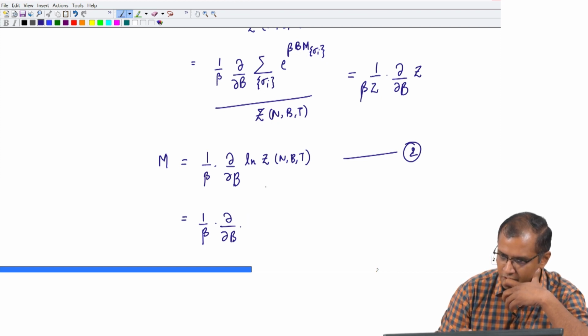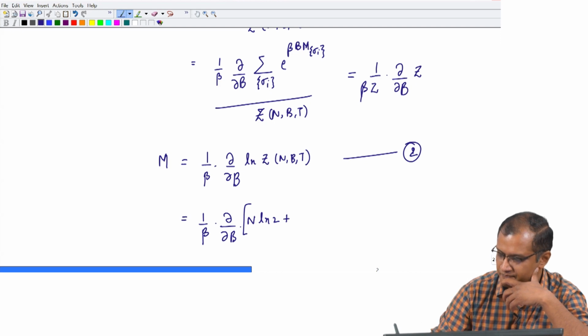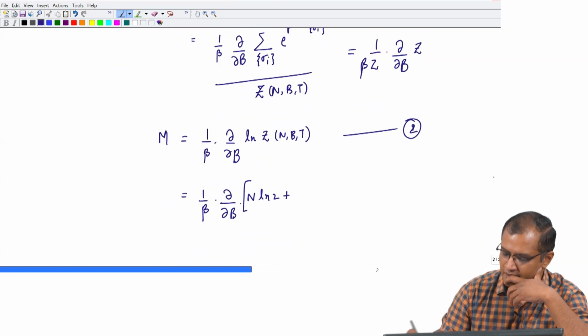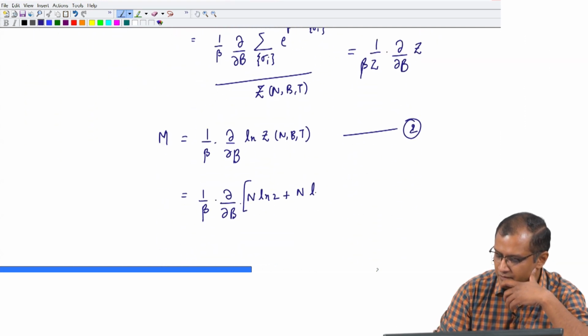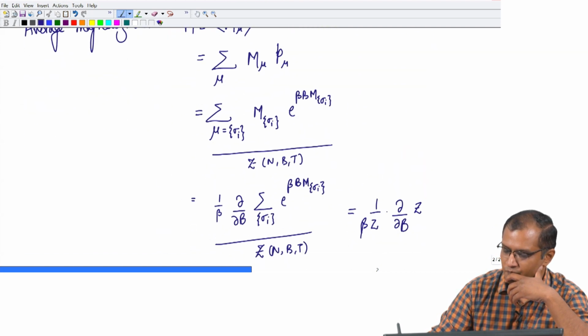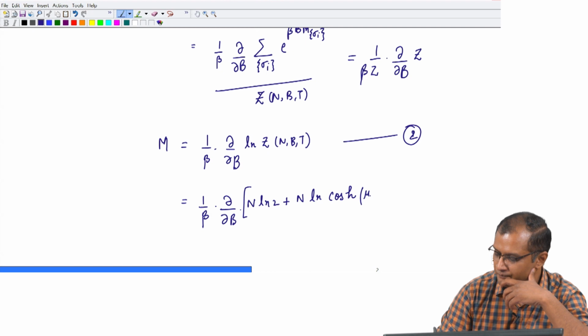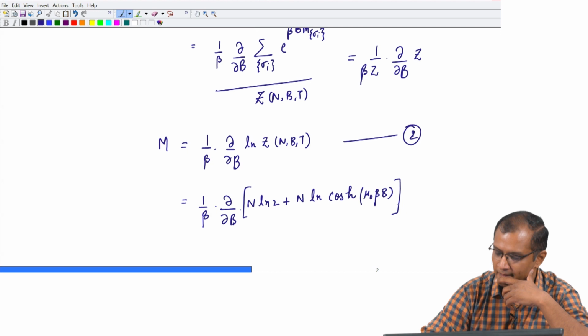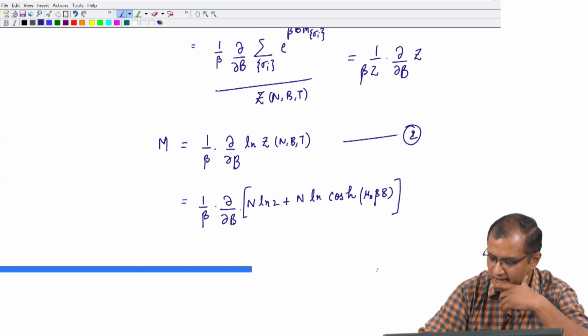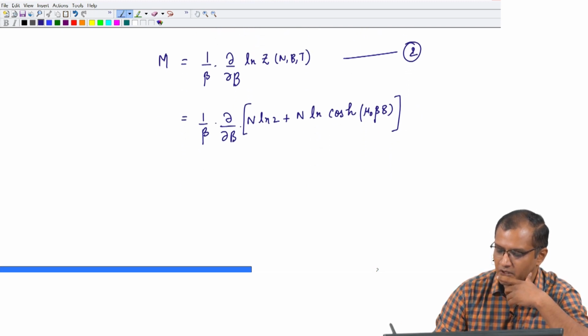ln Z would be ln 2 raised to n, which is n ln 2, plus n ln of cosine hyperbolic mu 0 beta B. Fine. You can easily see that only the second term is going to contribute.